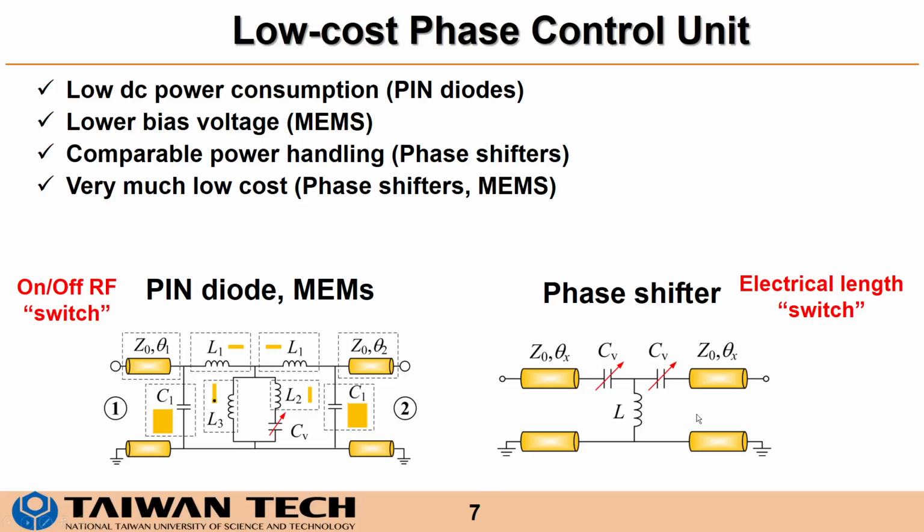Both of the devices use low bias voltage and thus have low power consumption. In addition, they also have comparable power handling capability. And as I have mentioned before, they are very much low-cost designs, really suitable for many commercial applications nowadays.